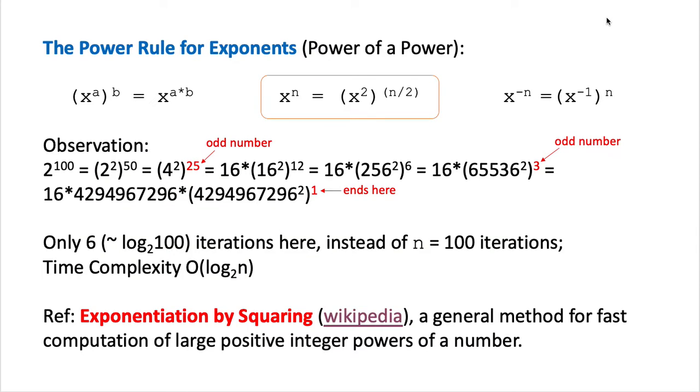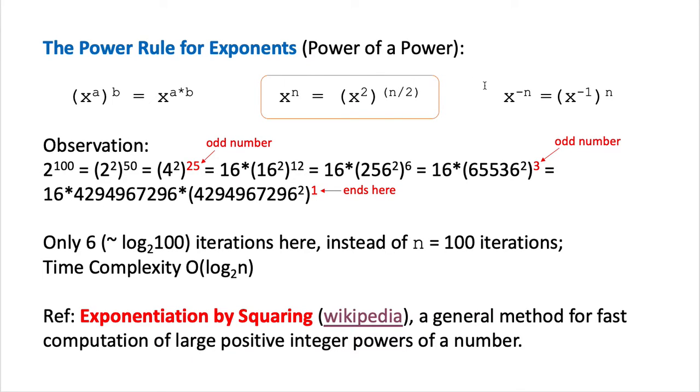To solve this question efficiently, we need to know the power rule for exponents, which governs the power of a power. The general form is seen here. X to the power a to the power b equals x to the power a times b. And you can extend this general form to this form here. X to the power of n equals x squared to the power of n divided by 2.